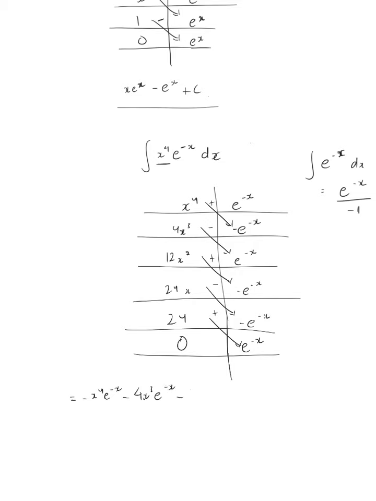Next one is again negative, so negative 12x squared e to the minus x. Next one is positive, so 24x e to the minus x. Last one is also positive, so plus 24 e to the minus x.